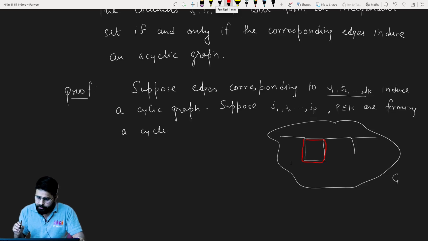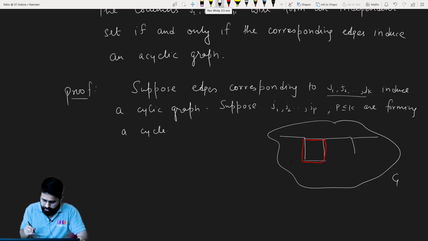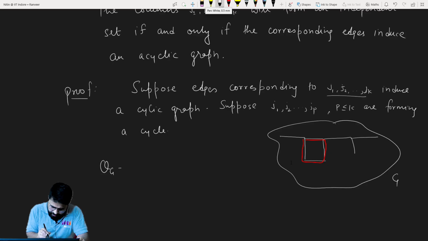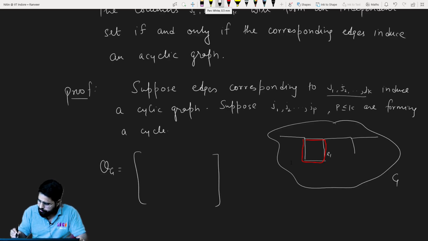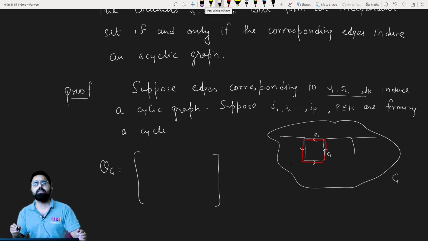Now draw the incidence matrix of the whole graph, Q_G. Without loss of generality, call these edges E1, E2, up to Ep. There will be directions also, because to draw an incidence matrix we always put directions. This cycle has 4 vertices.